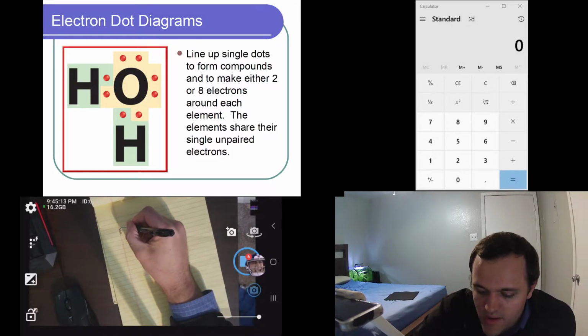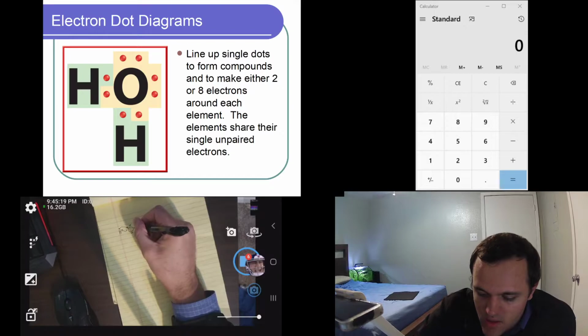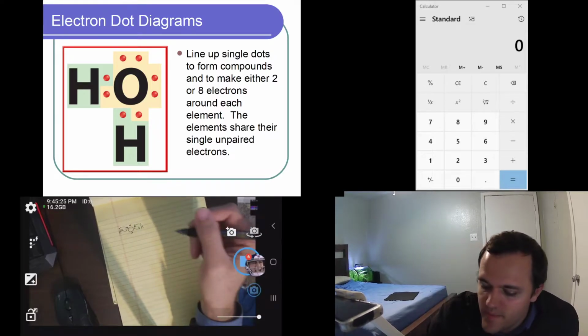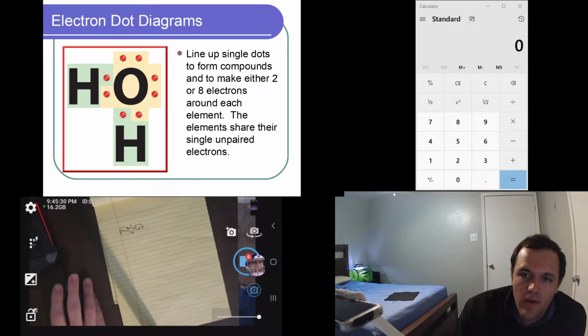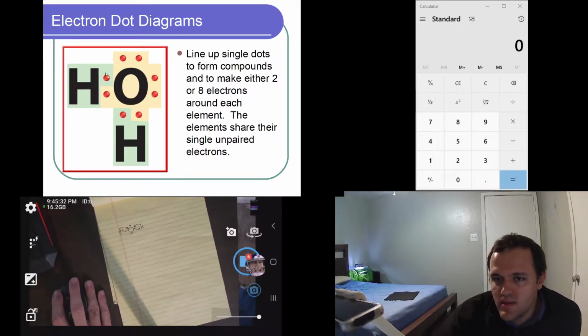So if the hydrogen shares this electron with the oxygen, and the oxygen shares that one back with the hydrogen, same thing over here, they each share one of their electrons that's not part of a pair, you end up with what you've got on the screen here, where these ones here are being shared between both elements.